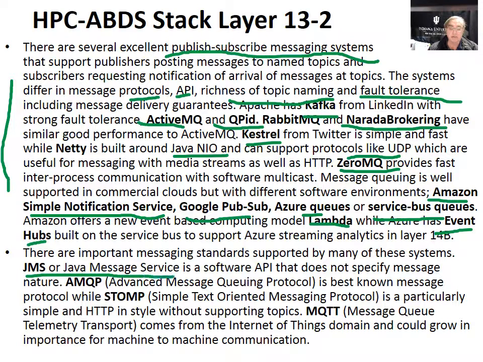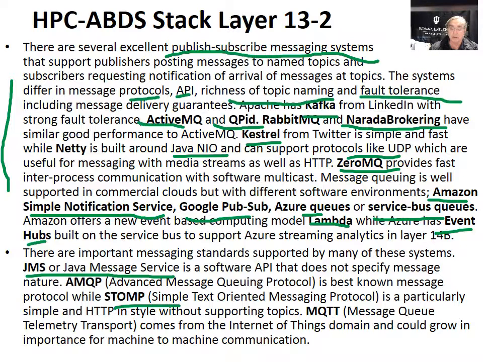The various important standards: Java Message Service is the very old one. It was introduced early on in Java. That was very important actually for bringing pub-sub up to mainstream. It's an API. It does not specify the message. AMQP is actually a protocol, so it specifies the nature of the messages. STOMP is another protocol, which is particularly simple and HTTP style.